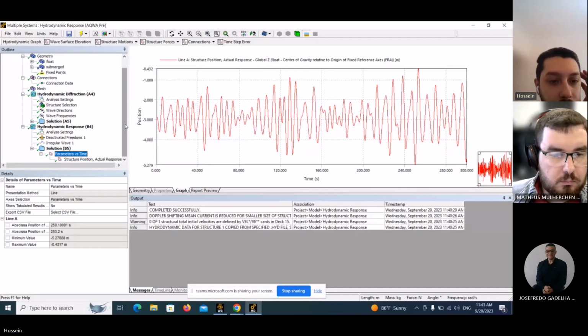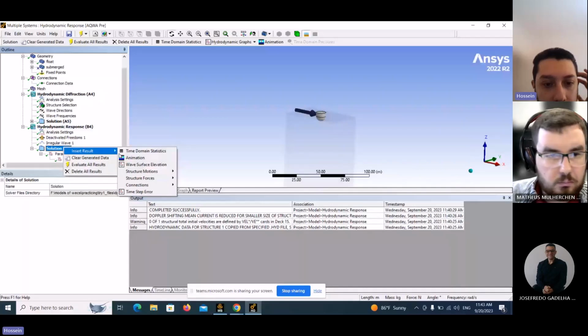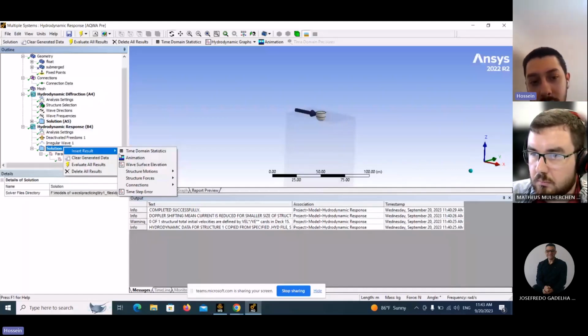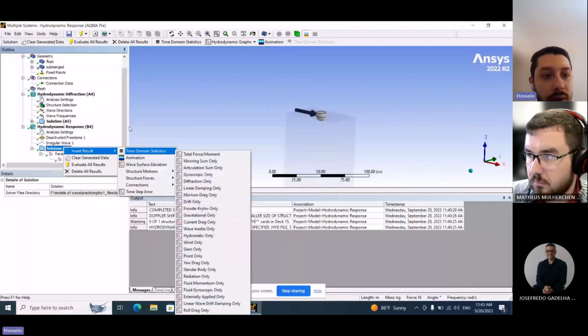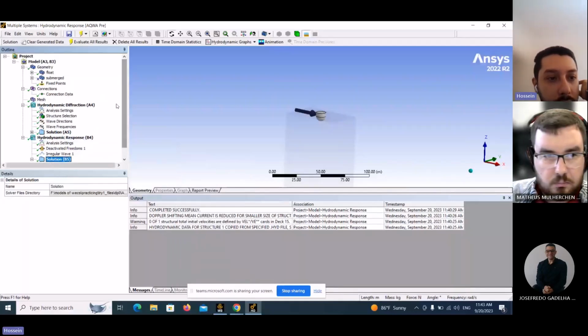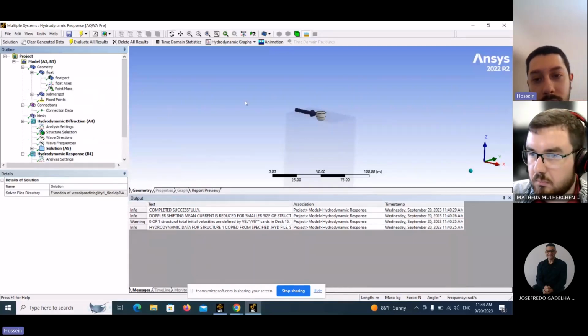About the forces, like the wave excitation forces in the time domain, we can also have the diffraction and Froude-Krylov forces, and these are just the results of the time domain. But if you want to see the cable tension, we have to define a connection point here on our structure, and also a fixed point on the seabed.